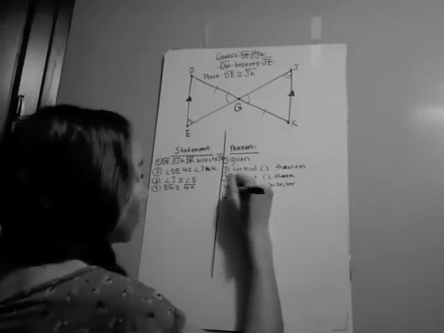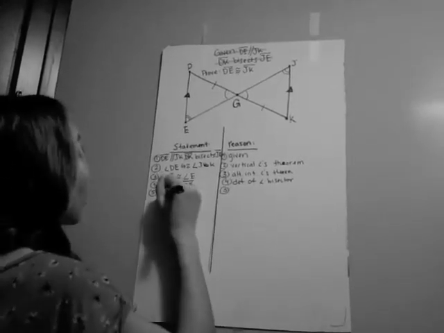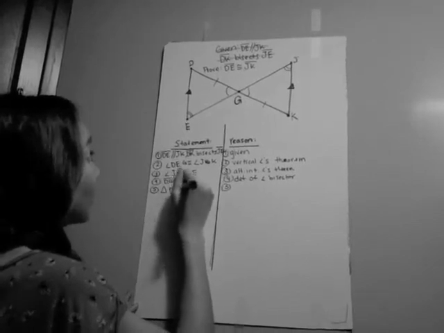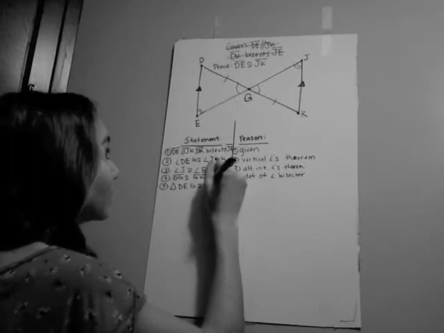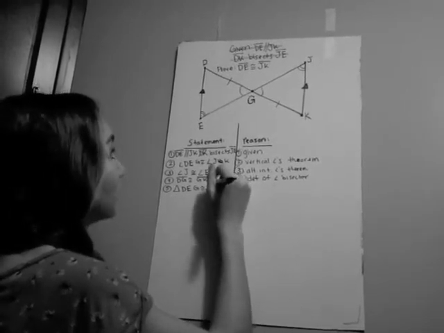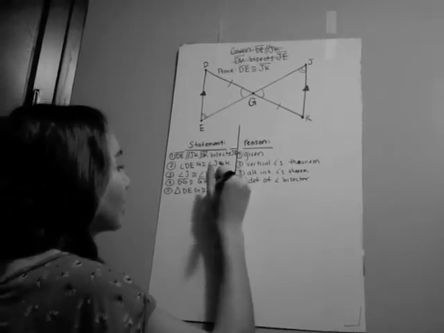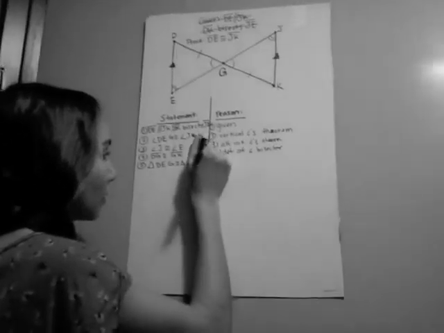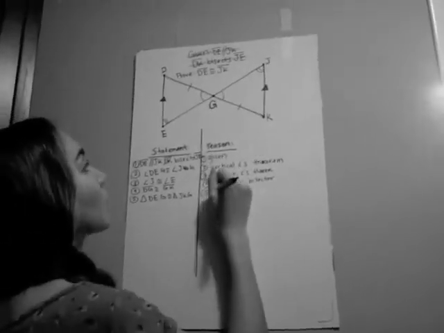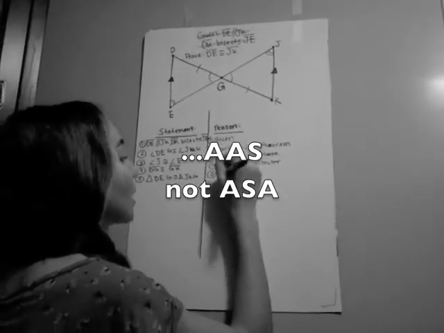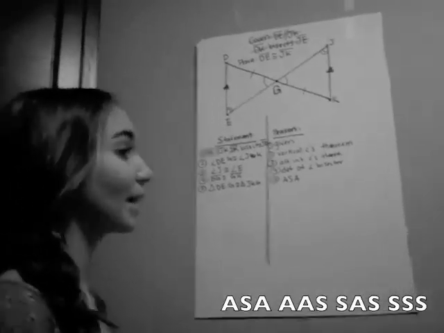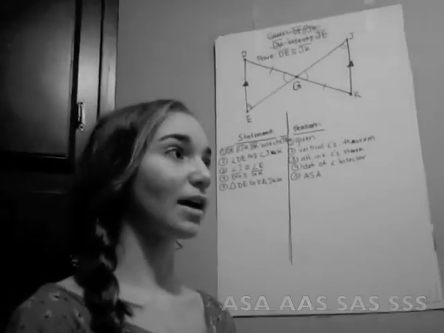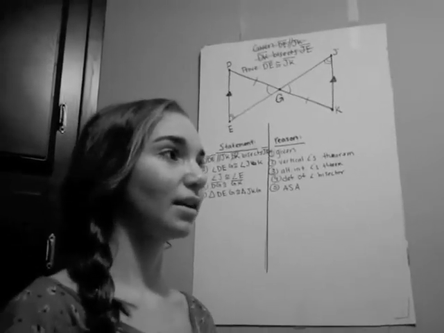And then you can say that triangle DEG is congruent to triangle JKG by angle side angle. And you can prove that two triangles are congruent by angle side angle, side angle side, side side side, and angle angle side.